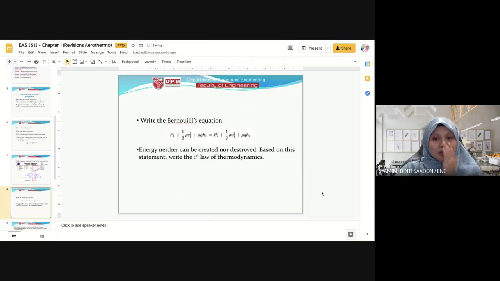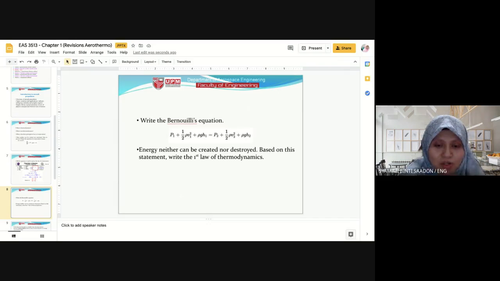For example, we have an inlet and an outlet of fluid. We have P1 plus 1/2 rho V squared, where rho is density and V is velocity. This is the kinetic energy part. Plus rho gh, the height part, where g is the acceleration due to gravity and h is the height. So that is the Bernoulli's equation.